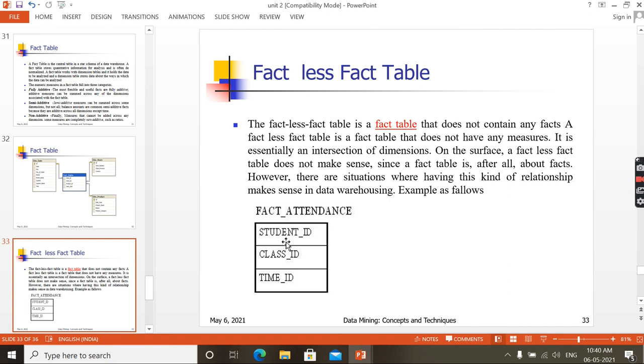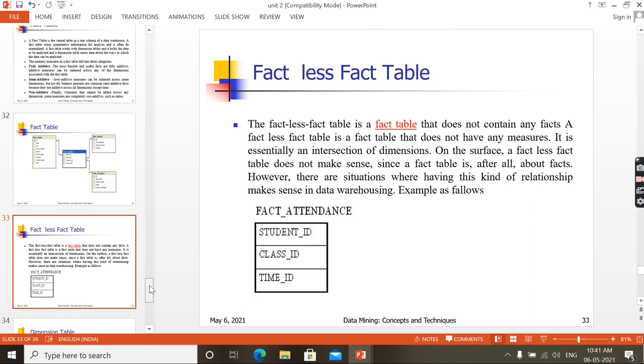Here it makes sense, because we can get whether the student was present in that class at that particular time. Measure values are not there in this fact table, but it still makes sense. So this is an example of a factless fact table where, in some cases, it makes sense without measure values.